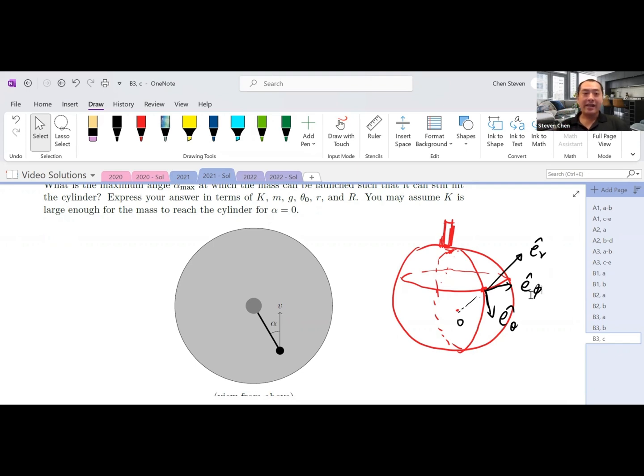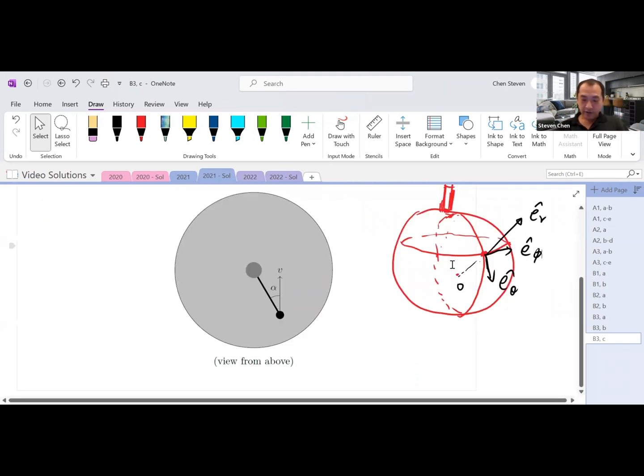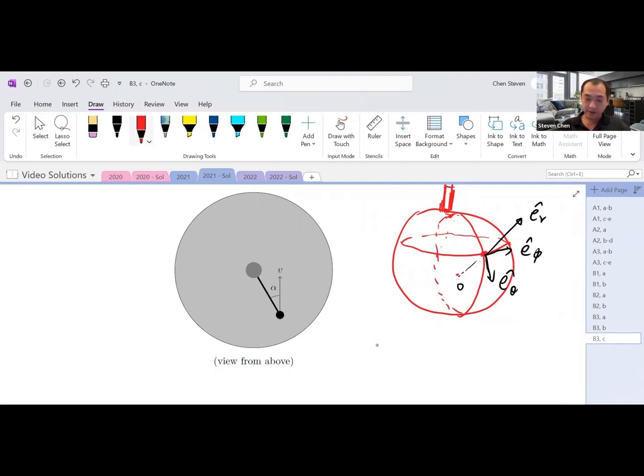Now we have an understanding of how to decompose the vector into component vectors, right? For any alpha, we make the following decomposition.